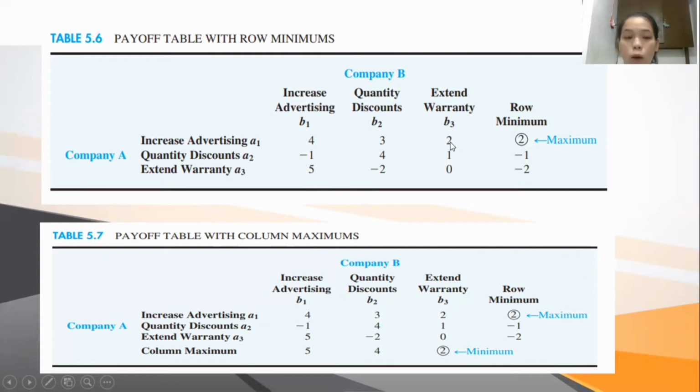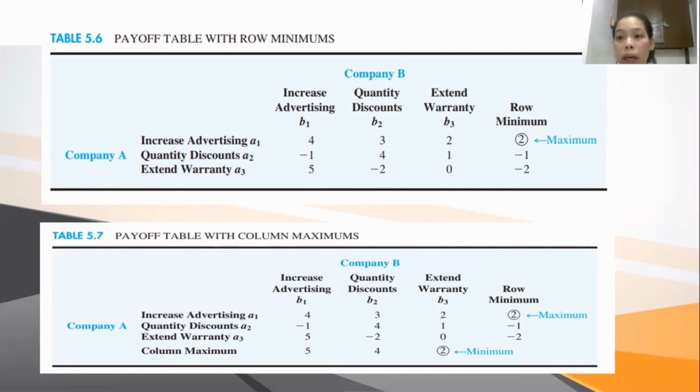So company A analyzed the game by protecting itself against the strategy that may be taken by company B.